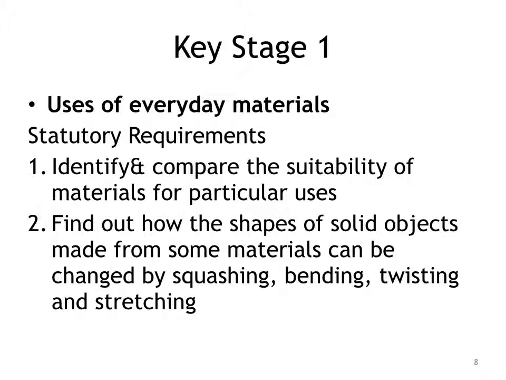For the second theme on the uses of everyday materials, we need students to know how to identify and compare the suitability of a variety of everyday materials, including wood, metal, plastic, glass, brick, rock, paper, and cardboard for particular uses.